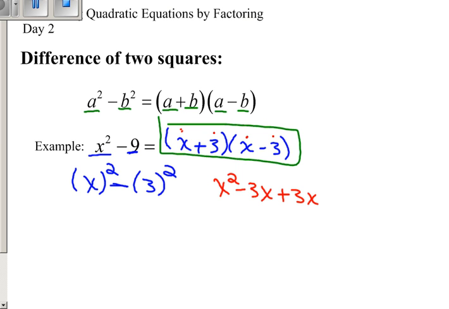And last, 3 times negative 3 is negative 9. Notice that my two middle terms, negative 3x and positive 3x, cancel out, leaving x squared minus 9. This is a difference of two squares, so my answer is x plus 3 times x minus 3.